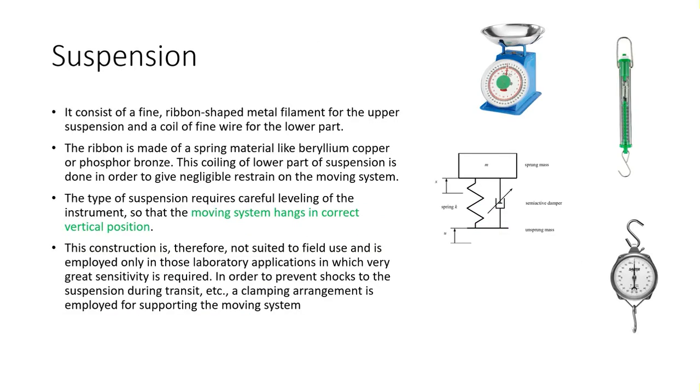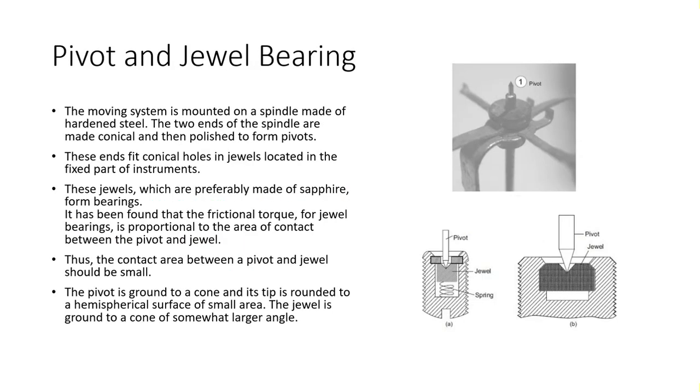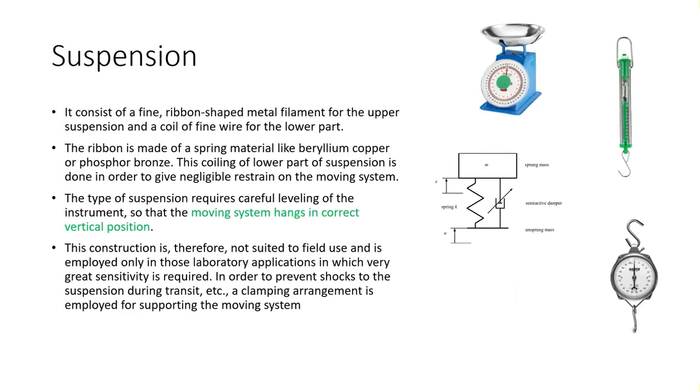So coming to the suspension type, we have three types of instrument. First is the suspension type instrument, then there are taut type instruments, and then there are pivot and jewel bearing type instruments. So suspension type instruments are suspended in the air, and one edge is connected to, let's say, a ceiling, and the other is suspended and has a spring or some mechanism.